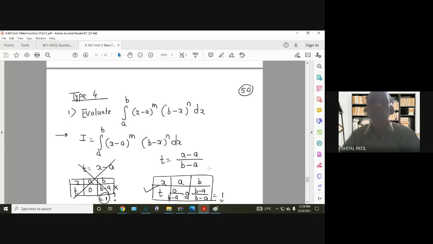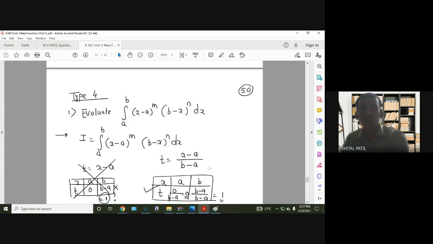Then type number 4. Here the limits are not in the form of 0 to 1, they are in the form of a to b. So x minus a raised to m, b minus x raised to n dx. Here the substitution is t equal to x minus a divided by the difference between the limits, upper limit minus lower limit, b minus a.